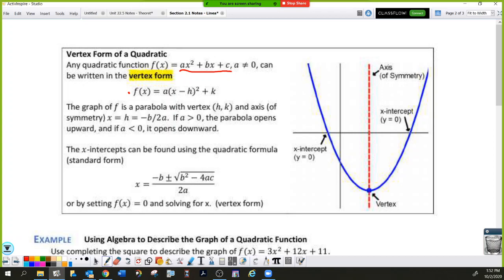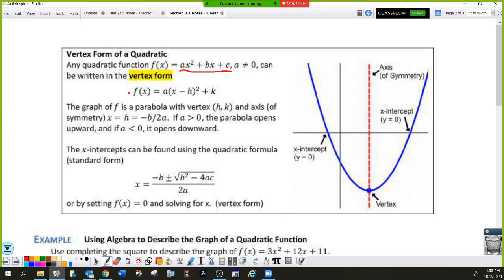So the axis of symmetry has the exact same x value as that vertex. Now, once you find x equals negative b over 2a, whatever that number is, if you wanted to know what the y value of the vertex is, you would have to plug it in and solve for y. So yeah, finding the vertex is much easier in vertex form.